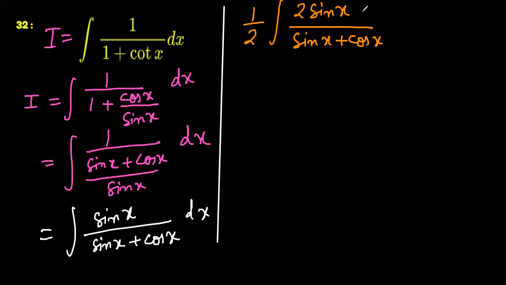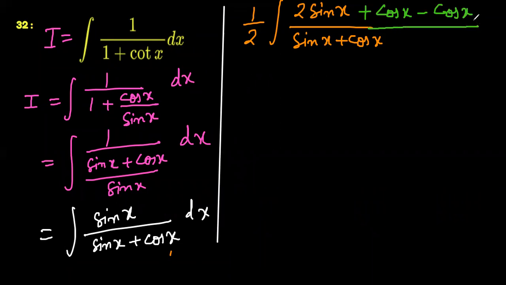So we are actually adding and subtracting: we add cos x and we subtract cos x. When you add and subtract something, it will not make any difference in the function.